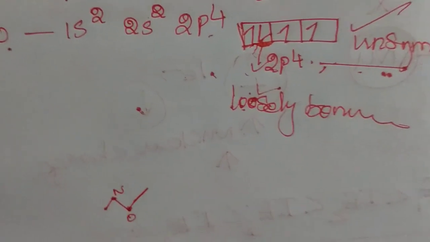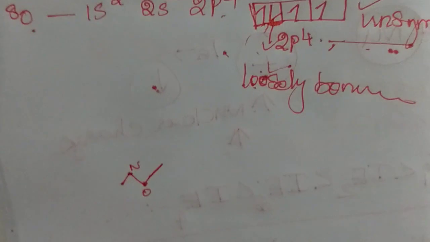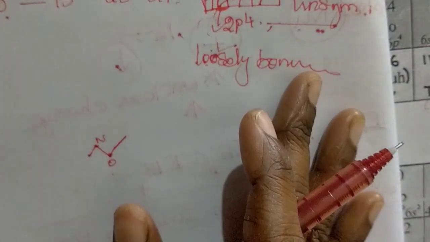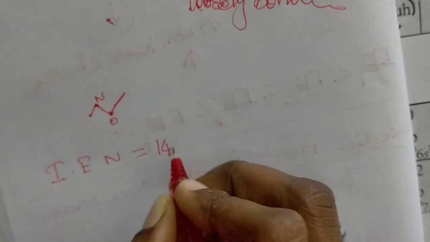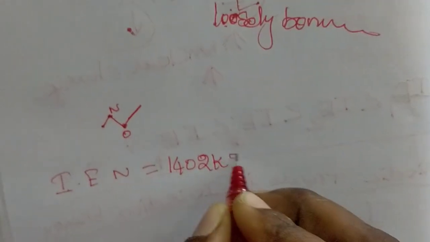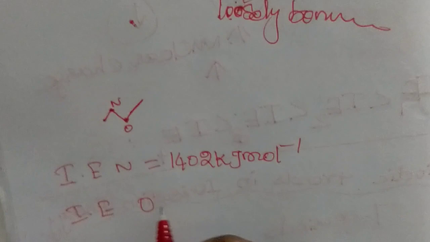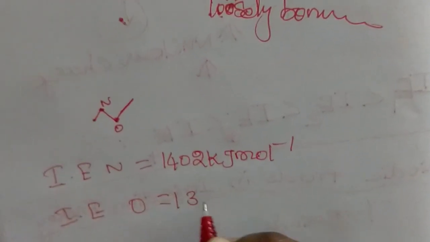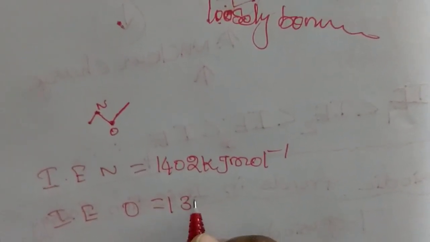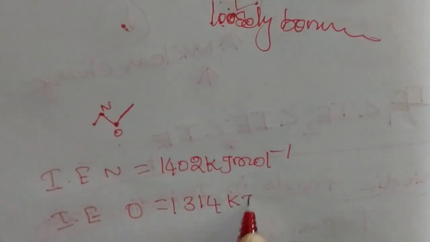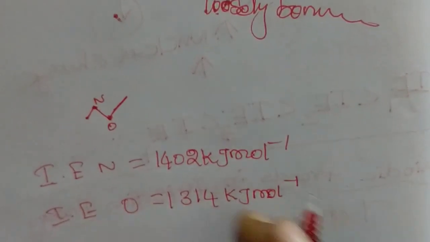Okay, it's already given in your graph 3.2. So the ionization energy of nitrogen is 1402 kilojoule mole power minus 1. Ionization energy of oxygen is 1314 kilojoule mole power minus 1.